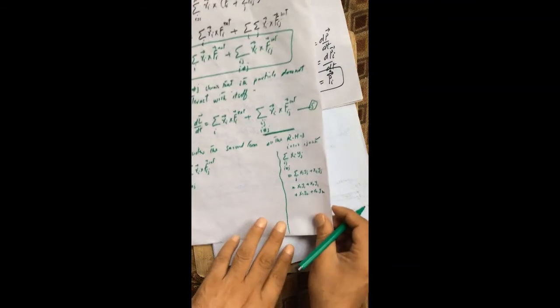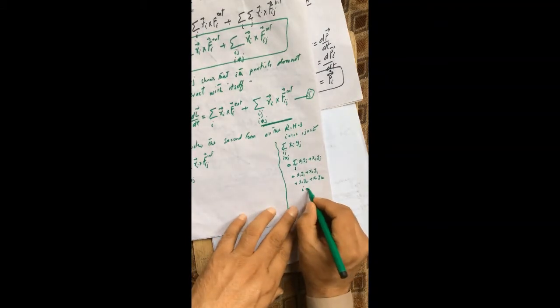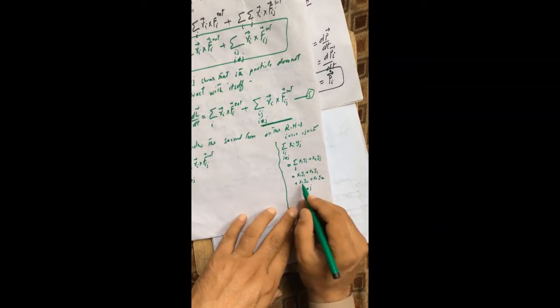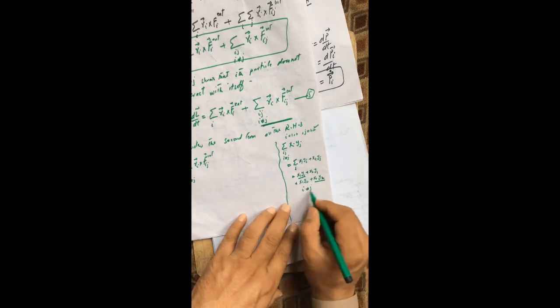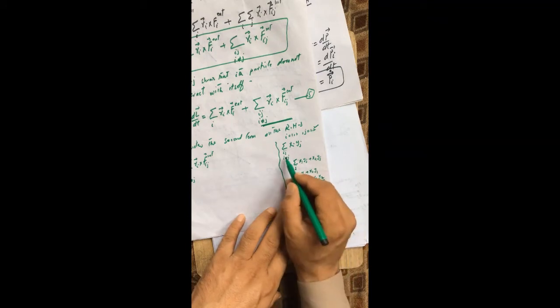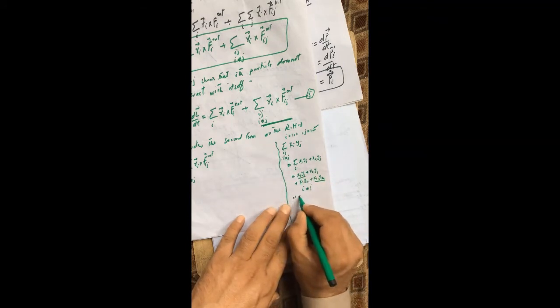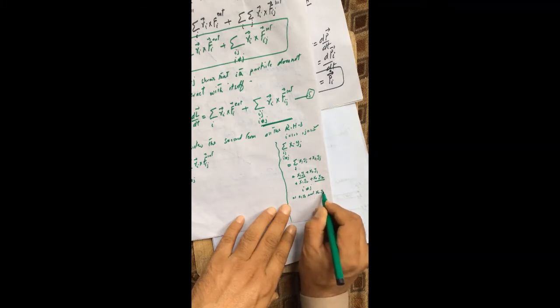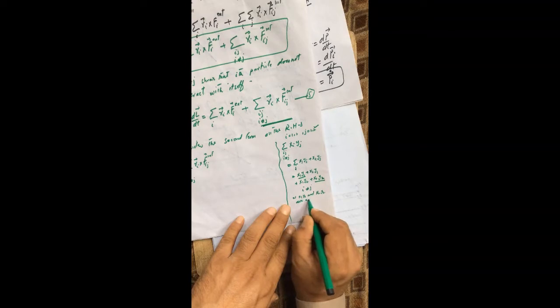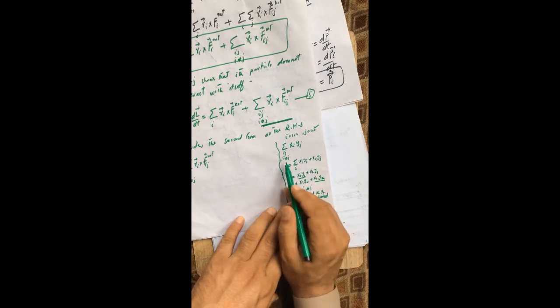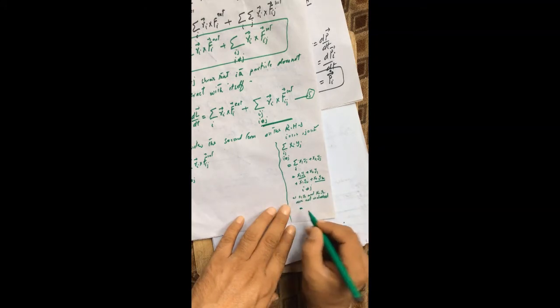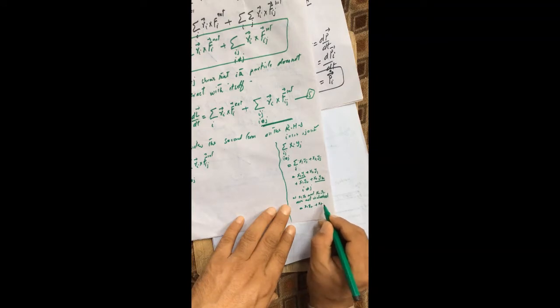But we know that i is not equal to j, so the terms x1 y1 and x2 y2 are not included in this summation because of this condition. So we are left with x1 y2 plus x2 y1.